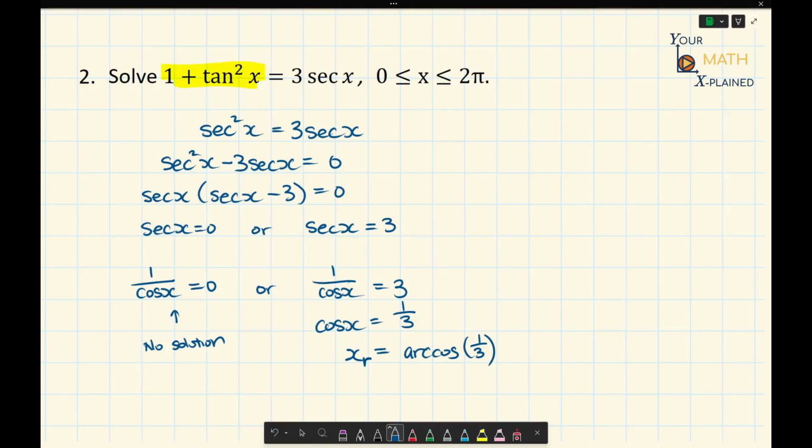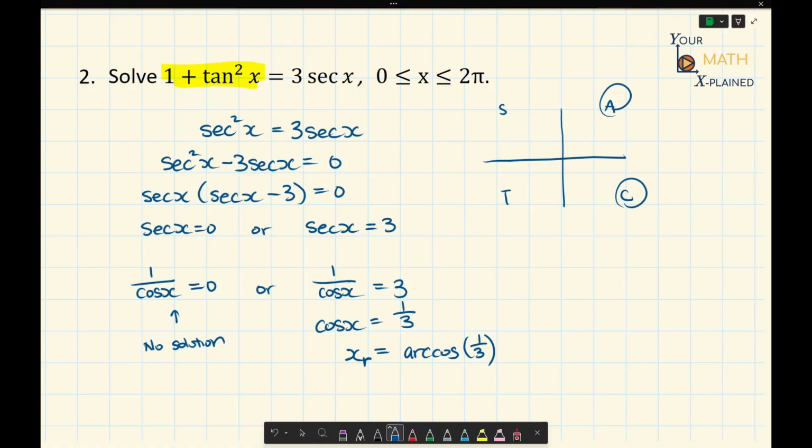And once we have our reference angle, we can use that to find our angles in standard position. Because our domain here is x between 0 and 2 pi, using our ASTC rule tells us that we would have cosine being positive in quadrant 1 and quadrant 4.